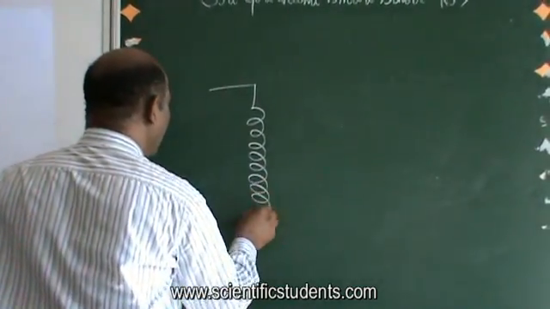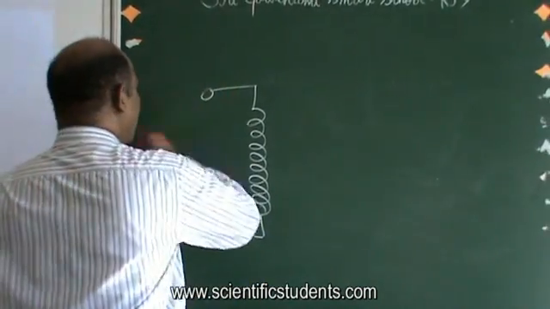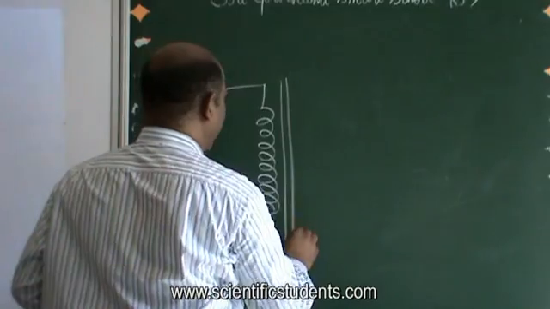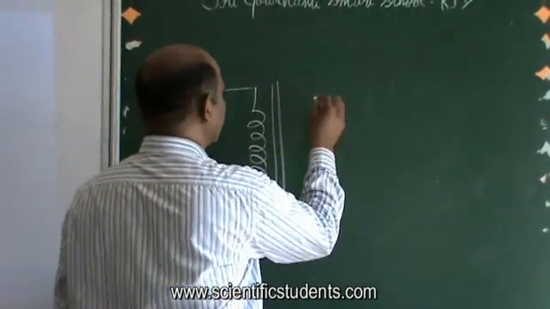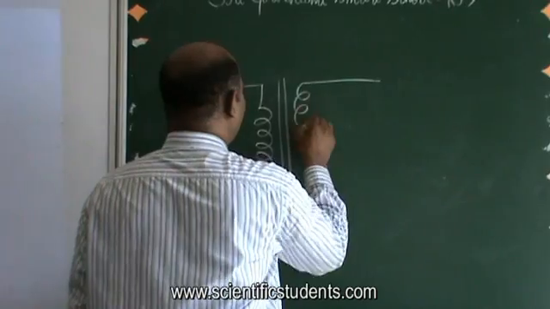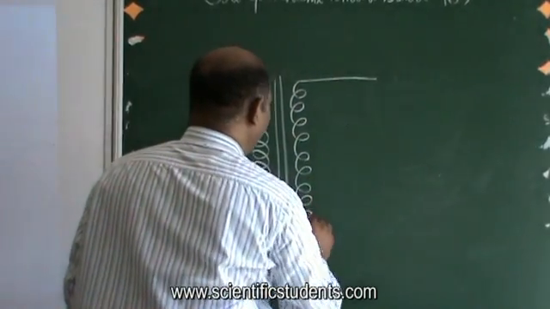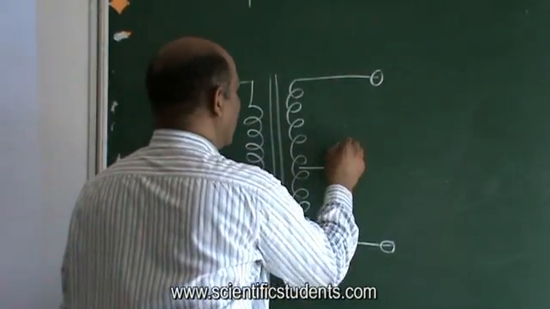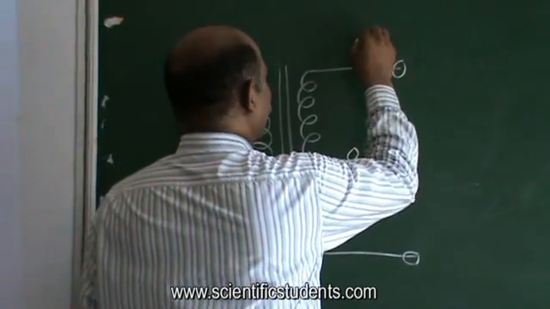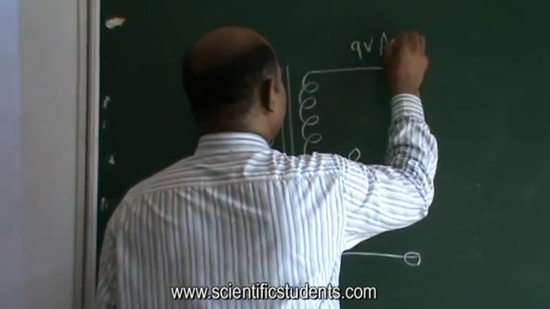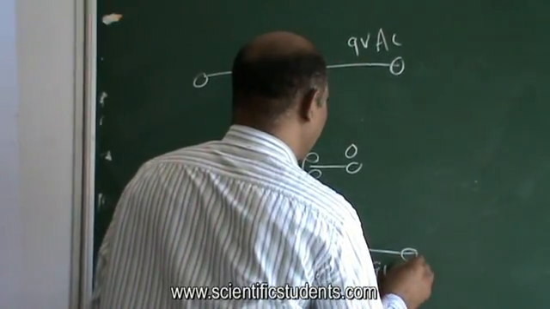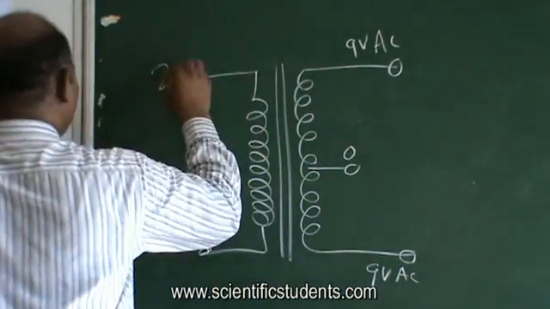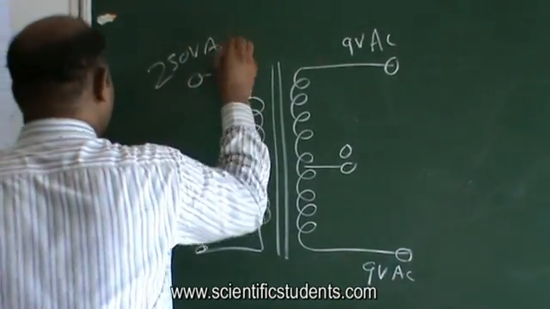Primary winding 0 to 230 volts, and transformer lamination, iron laminations, and then we have the secondary winding. But here, this is center 0. So 9 volts AC, 9 volts AC, 230 volts AC.